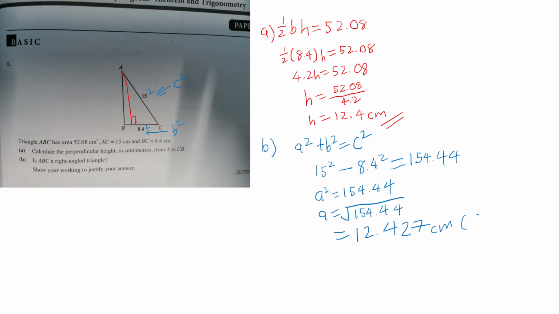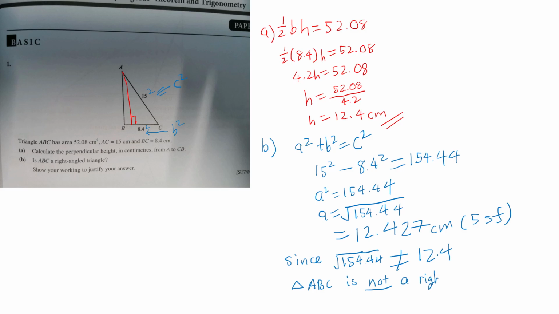If you ask me, this one is to 5 significant figures. It is close to being a right angle triangle, but since the answer is not an exact 12.4, since the square root of 154.44 is not equal to 12.4, because it is equal to 12.427 and so on, triangle ABC is not a right angled triangle.